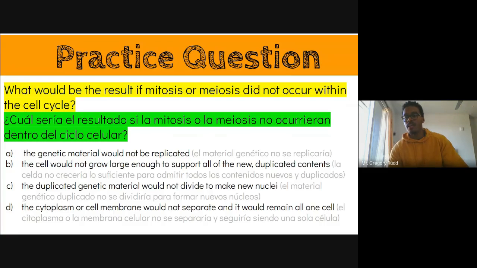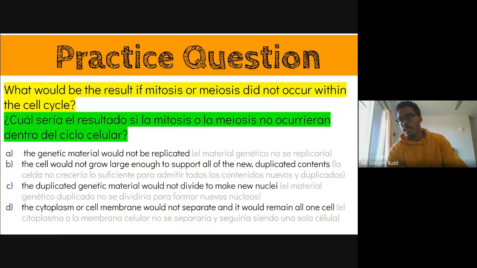Interphase. Thank you, Janelle. Specifically, what part of interphase? Yes, thank you, Abigail. It specifically happens during synthesis. So removing mitosis doesn't actually prevent the genetic material from being replicated. That happens earlier in the process.